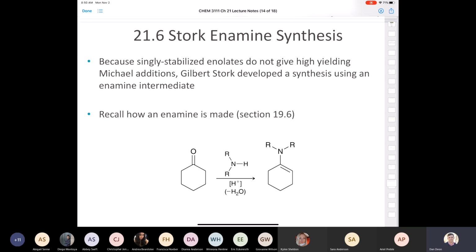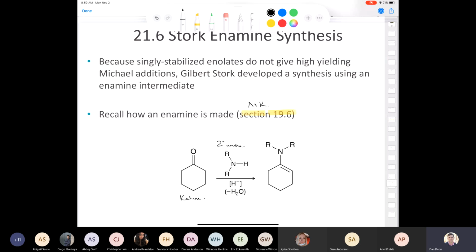And remember that we covered enamine synthesis in section 19.6. So this is back in the carboxylic acids and their derivatives chapter. Or sorry, no, my mistake. That's in the aldehydes and ketones chapter. Anyhow, the way that we make an enamine is that we take a ketone, and we treat it with a secondary amine in a catalytic amount of acid, followed by the removal of water, and we end up with our enamine.